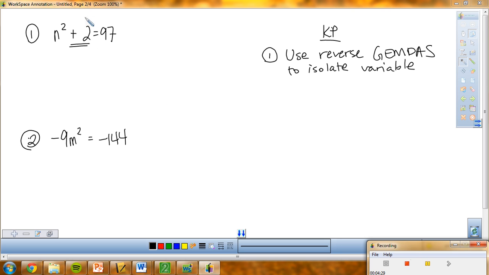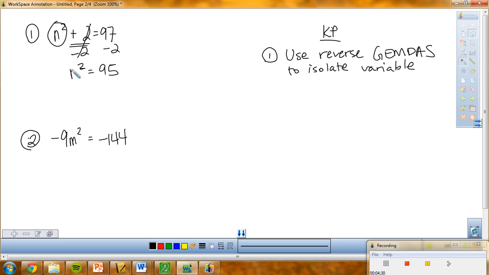So I am trying to isolate this variable, so I need to remove the 2 by subtracting 2. So I have n squared is equal to 95, and that was using my reverse GEMDAS.